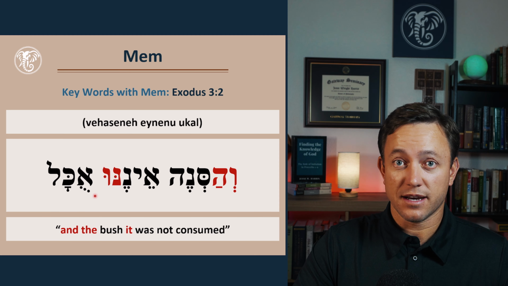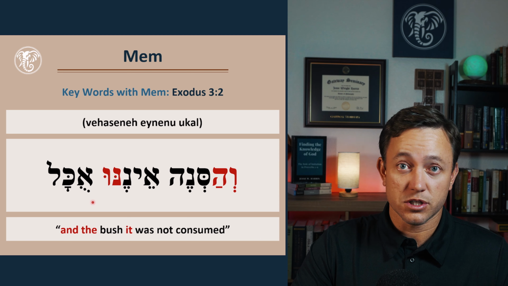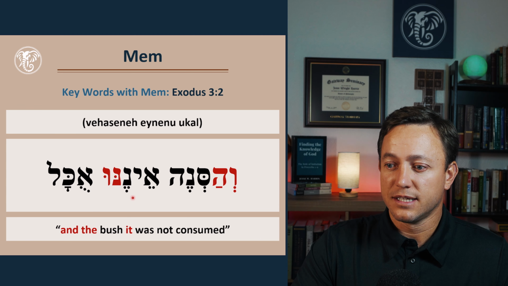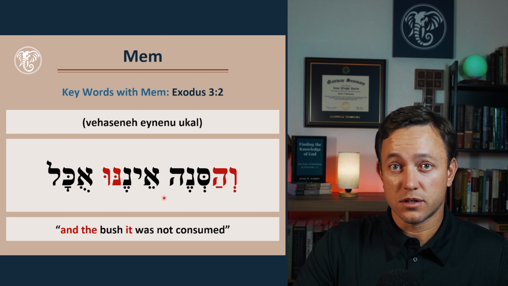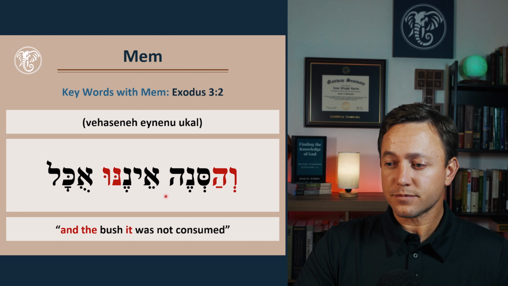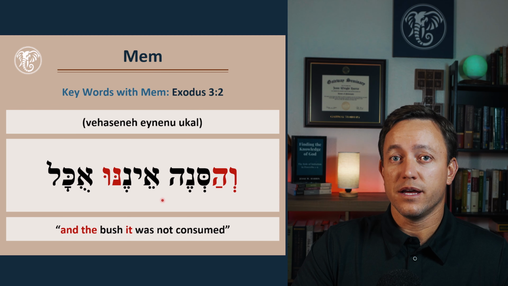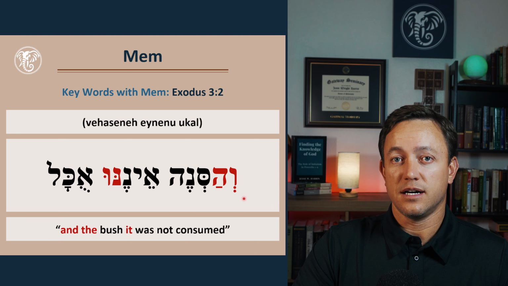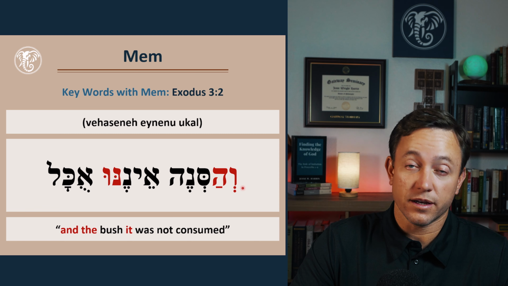Again, a miracle, right? So here's Moses standing before this bush that all of a sudden is just on fire, but it's not being burned up. And of course, this is because the angel of the Lord, the presence of God, is there. And so it's not really a fire in the normal sense. It's really just the glory of the Lord, his holiness radiating through this particular place or point.